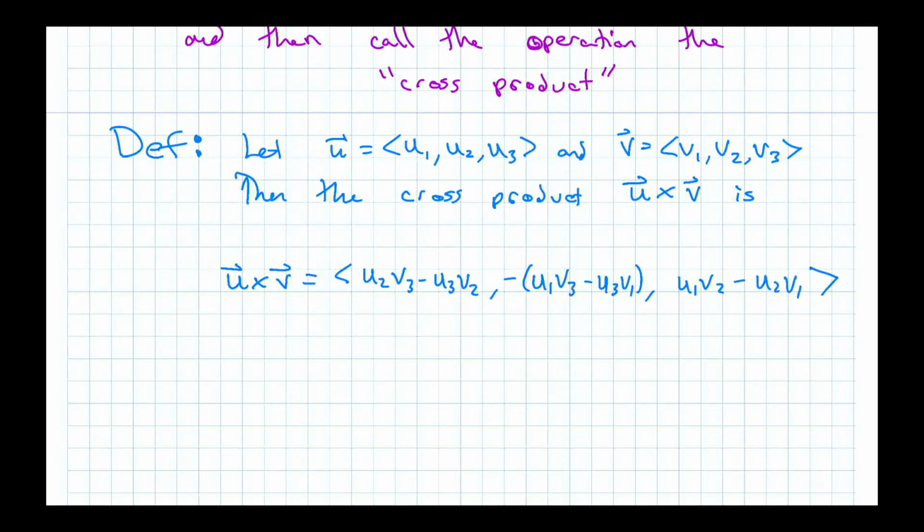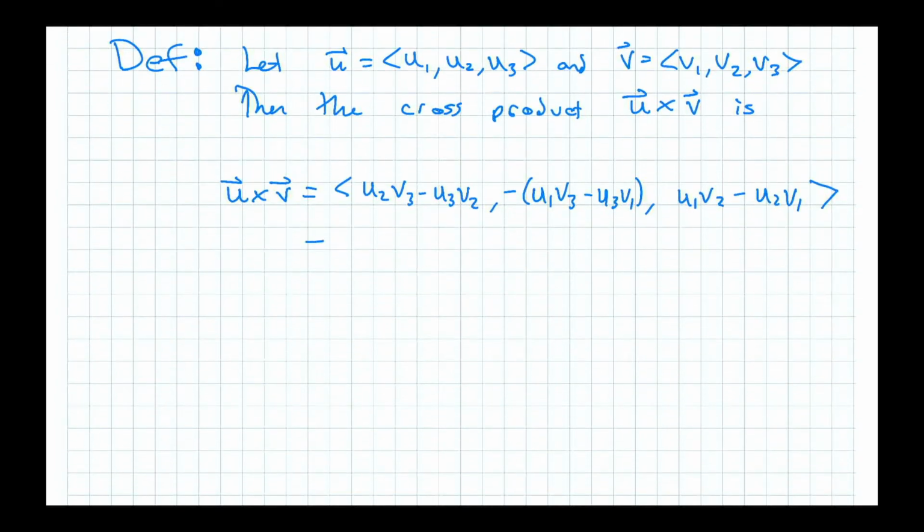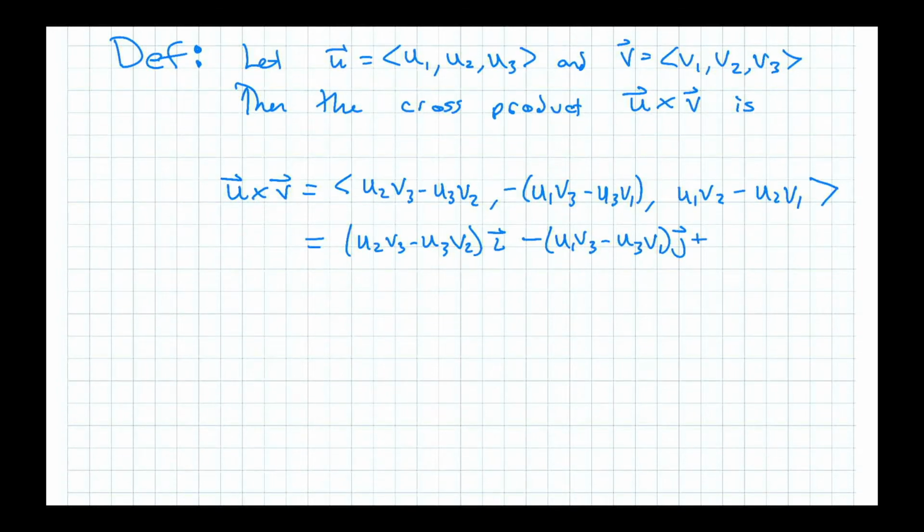Or remember that we have that IJK notation as well. You could write it as parentheses U2 V3 minus U3 V2 I, minus U1 V3 minus U3 V1 J. And did I leave myself enough to do the K? Plus U1 V2 minus U2 V1 K.